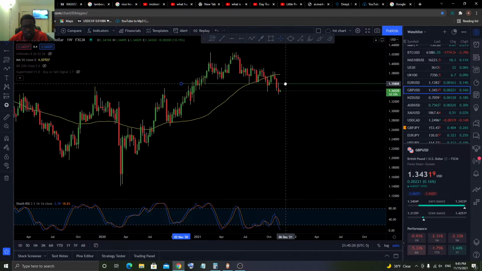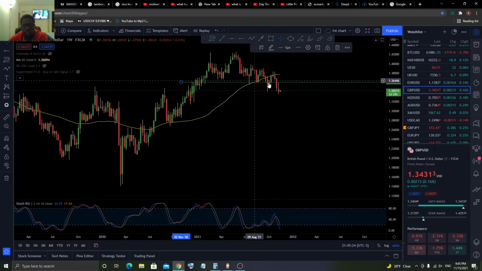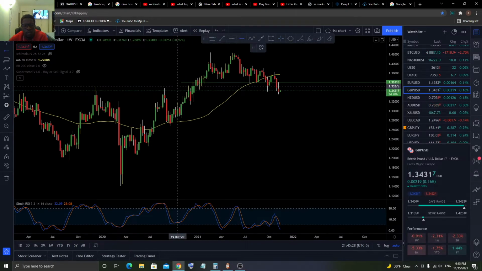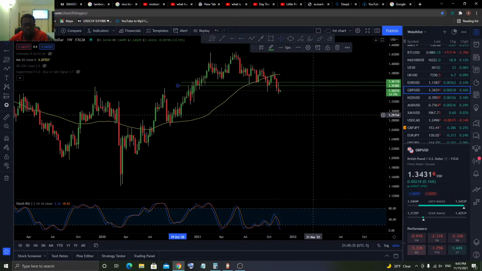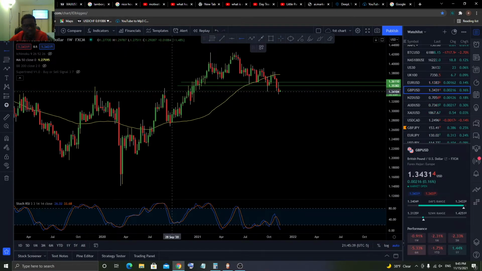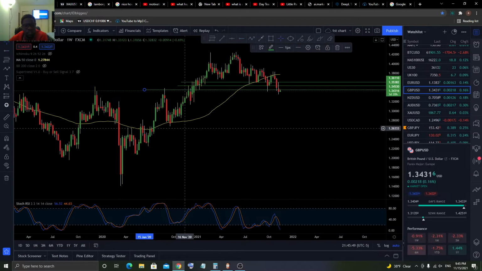So here's the thing. This is the first zone, and right here the second one. Okay, right here the second one. Right here the third one.